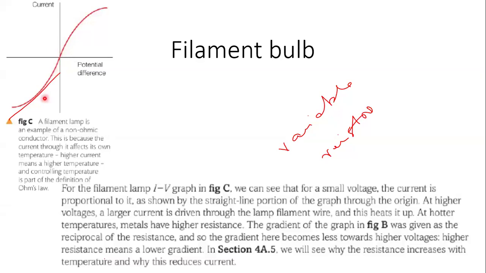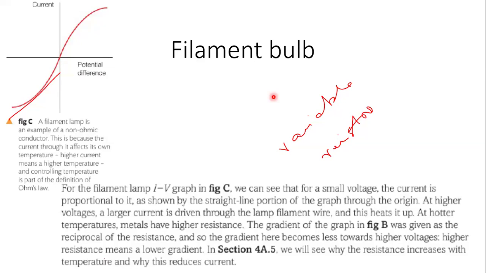So why is it that initially it seems to be following Ohm's law, but then it turns into a curve? This is because as the voltage increases, the current in the filament bulb also increases. As the current in the filament bulb increases, we need to understand that current has a directly proportional relationship with your temperature.